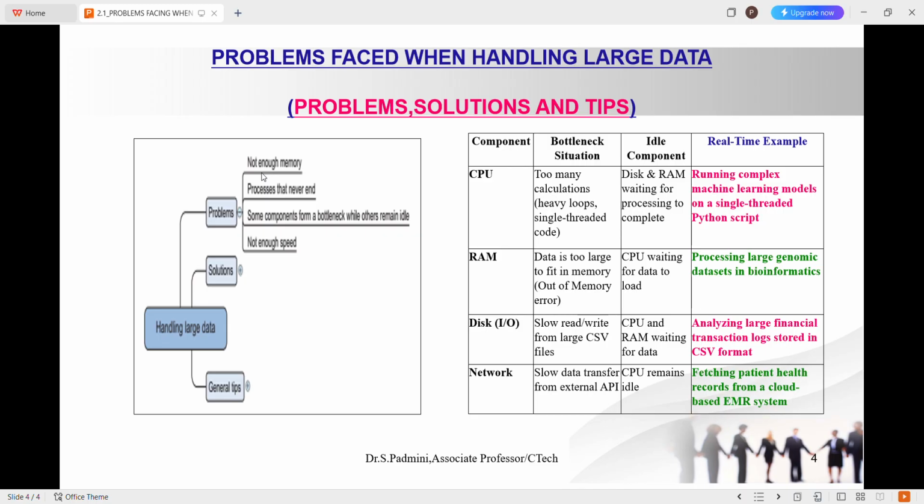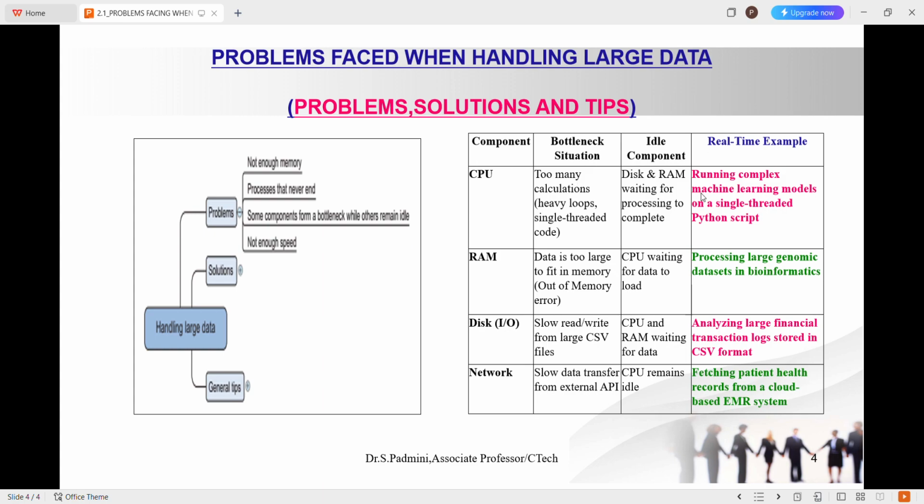The next thing: some components form a bottleneck while the others remain idle. Whenever we are dealing with a large data set, the computer will start to form a bottleneck while the rest of the system remains idle.